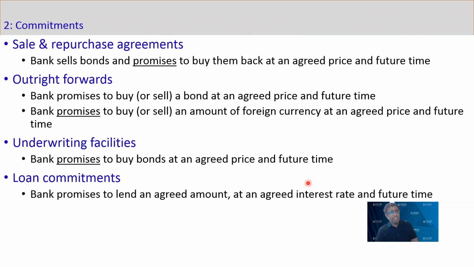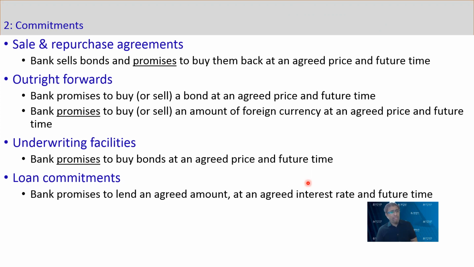The other thing is the outright forwards. Now the bank promises to sell. A corporation wants to issue bonds, but they are not sure that people will buy their bonds, based on their credit quality or maybe reputation, or credit risk in the market in general.